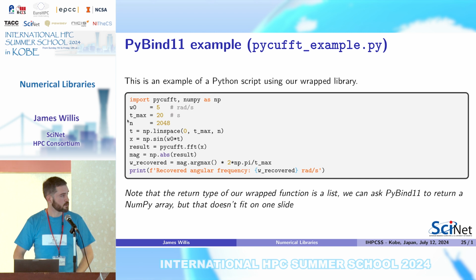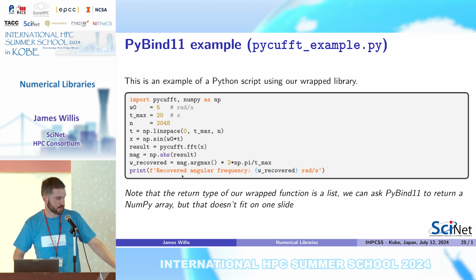So we have the angular resolution here, the size of the FFT, and we give it the times, and we specify the x values with a sinusoid. And then all we do is reference the Python package that we've created, and call the function given the input array. Then we take the magnitude of our result and print it to the terminal.